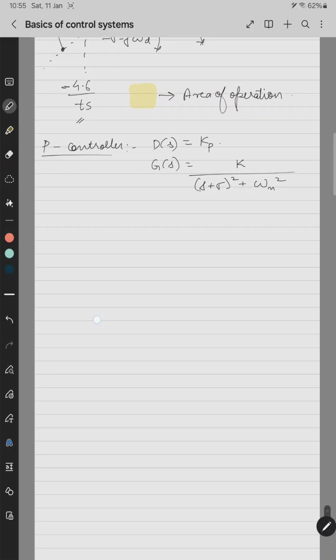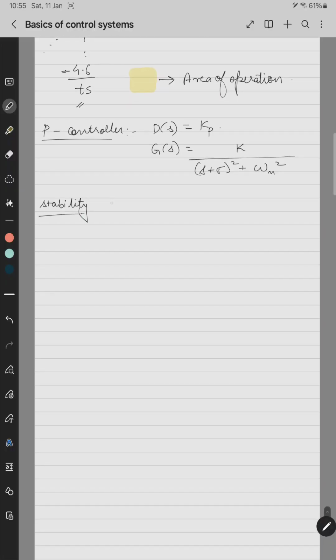So first is the stability. For stability, let's check what is D of S into G of S. That is K Kp divided by (S plus sigma) whole square plus omega n square.